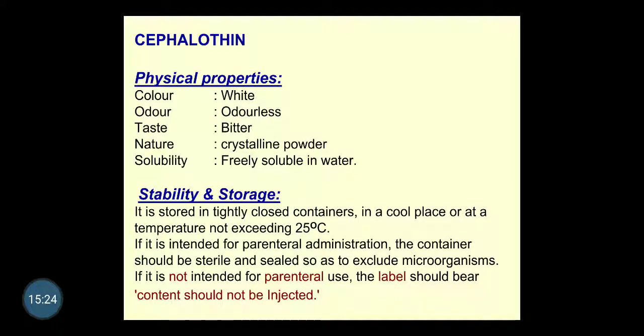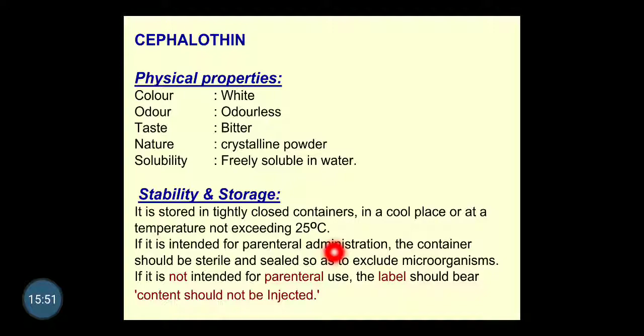This is the last antibiotic among the cephalosporin types, cephalothin, which is a white, odorless, bitter crystalline powder, freely soluble in water, and is to be stored in a tightly closed, light resistant container. The common instruction is a temperature not exceeding 25 degrees Celsius, and again there is the labeling instruction. We already discussed that if it is intended for parenteral use, the sterility criteria are to be followed and mentioned on the label.